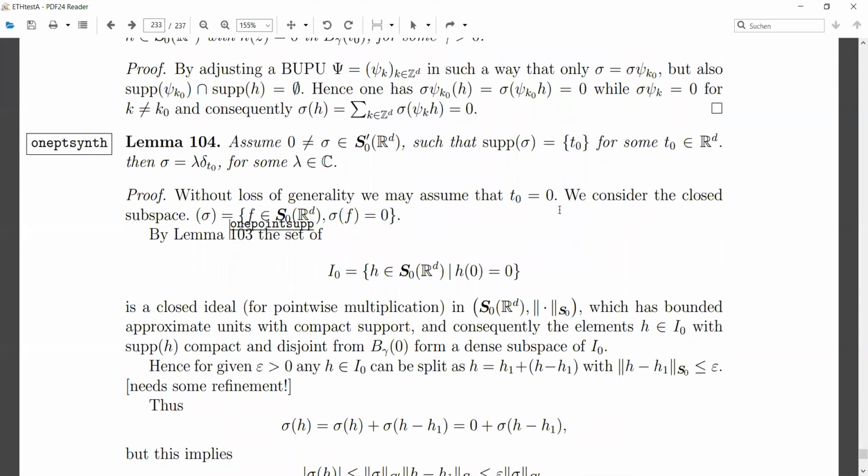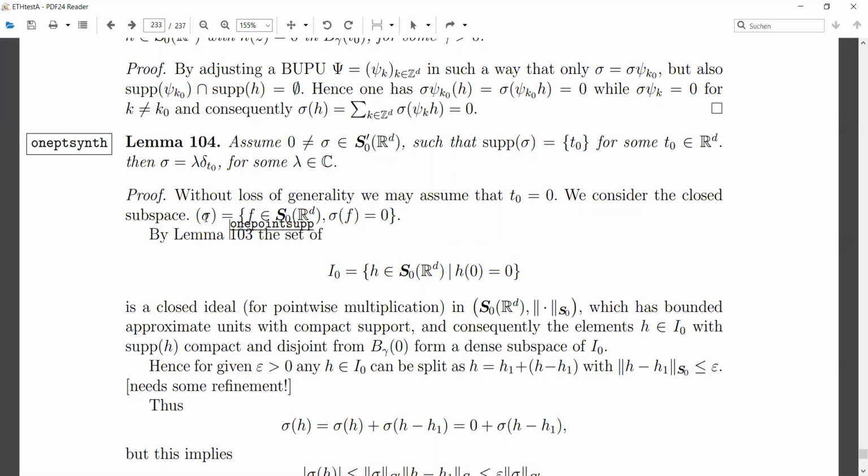Now what we also have to show is that the action of such an abstract distribution, but with a very good concentration, is just a multiple of the Dirac at this point. Again, we can shift everything to 0, so we can assume that this point is the 0 point, and therefore we are interested in two things.